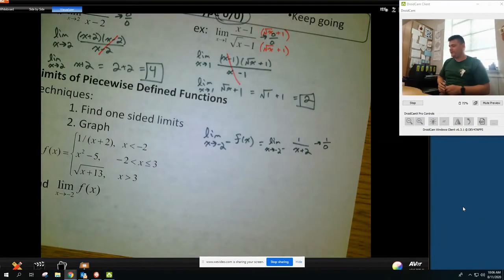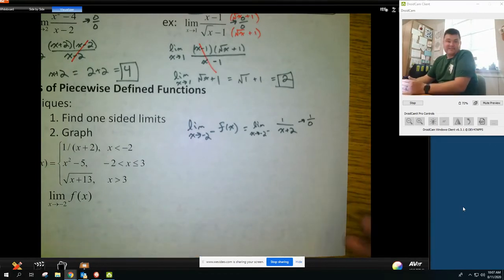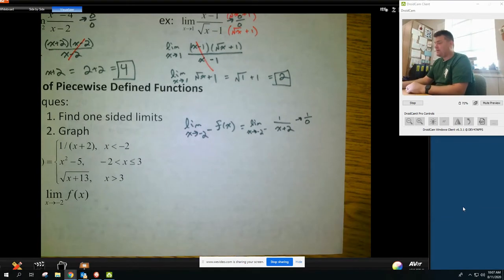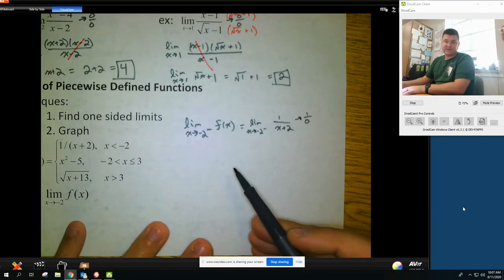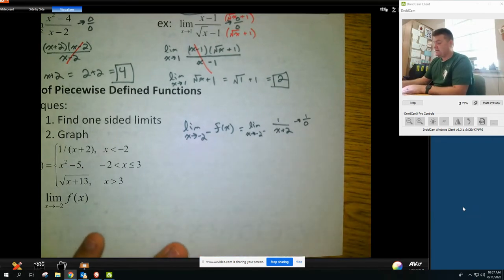Here we go. So I have to figure out if this is going to be going to positive infinity or negative infinity, since it's one-sided. Okay. If it was not one-sided, you would need to do the right and the left. But since it's piecewise, I'm just doing the one side. So what I'm going to do is pick out a value that's super close to -2 and from the left.